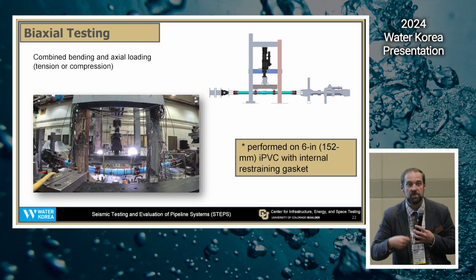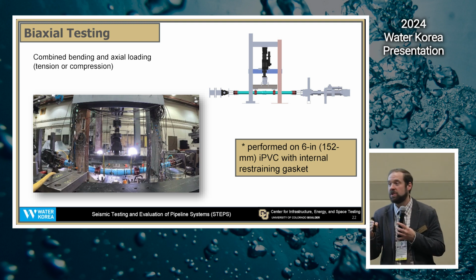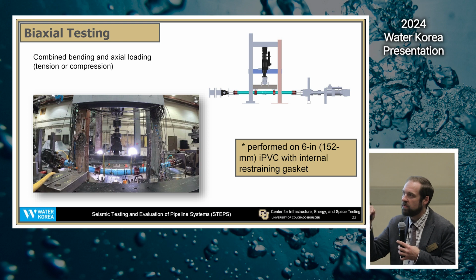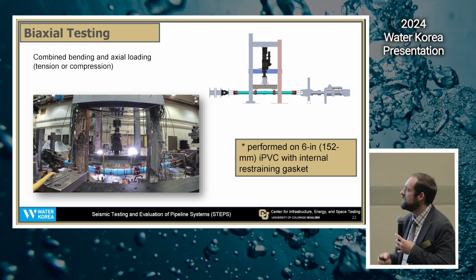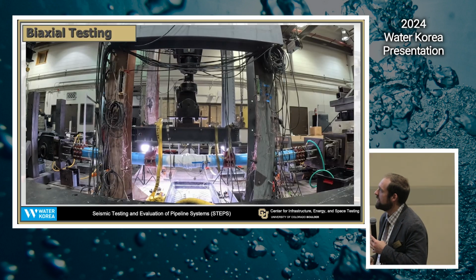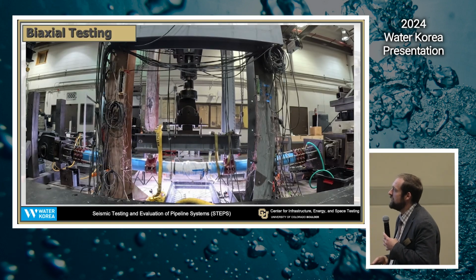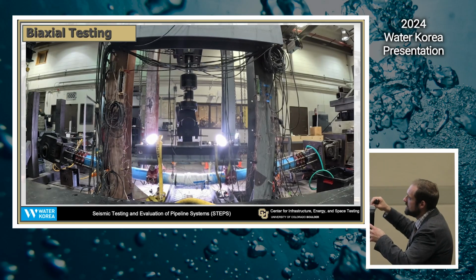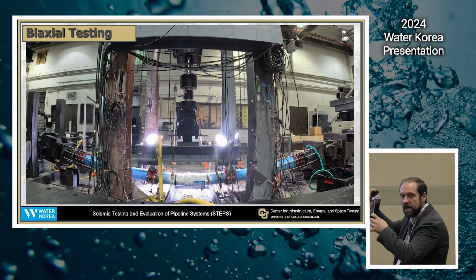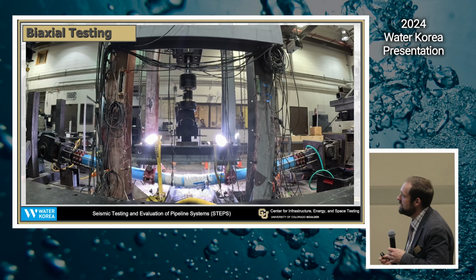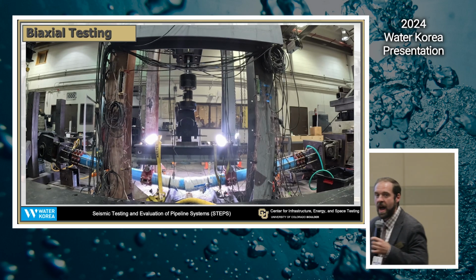And so one of the things we're working on the research side, trying to push things further and looking out beyond the standard and what might be something that would be useful to add to it in 5 or 10 years down the line, is performing biaxial testing in the lab. And I just wanted to share this video of the way that we're doing these tests, where we're pushing down on the pipe system to apply a level of transverse bending, and then we're pulling in tension in this example to apply that axial force.